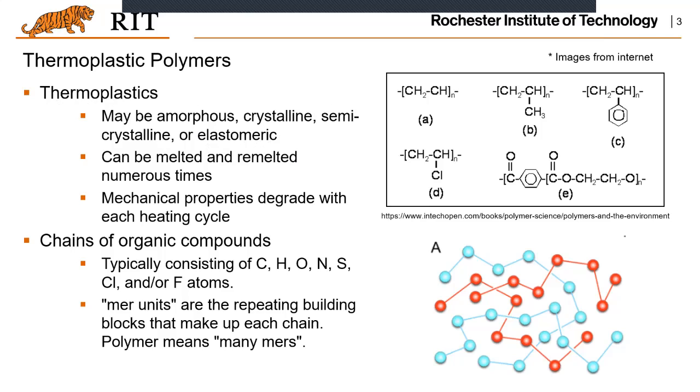So you cannot infinitely remelt and resolidify the thermoplastic without loss of material property. And the chain has organic compounds like these elements shown here. So basically that is how it looks at the chemical chain level, right?